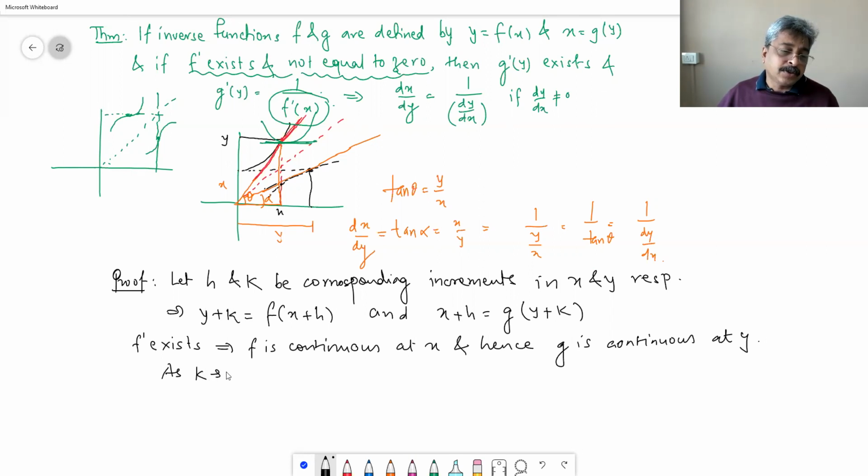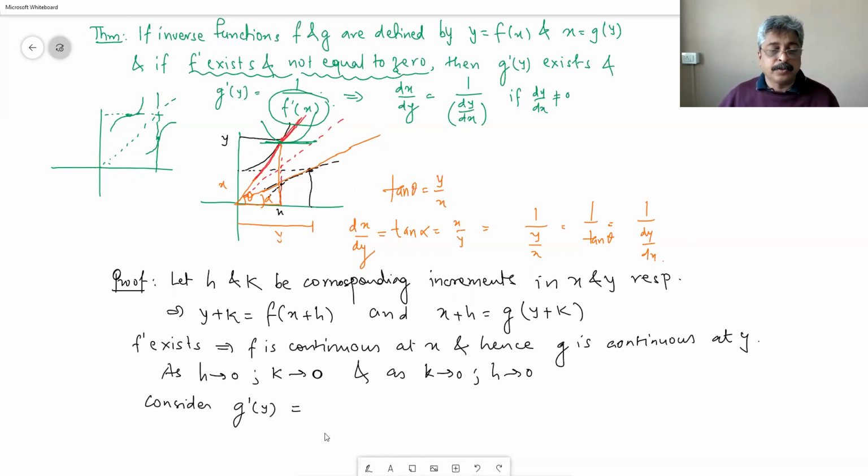As h tends to 0, k tends to 0, and as k tends to 0, h tends to 0. Therefore, consider g dash of y.